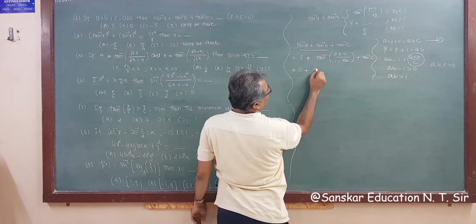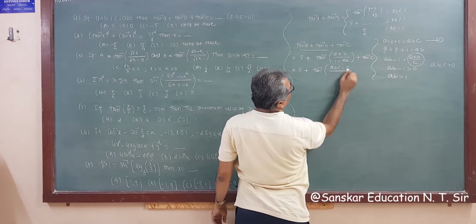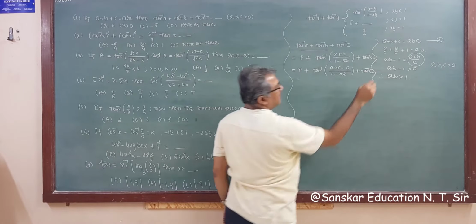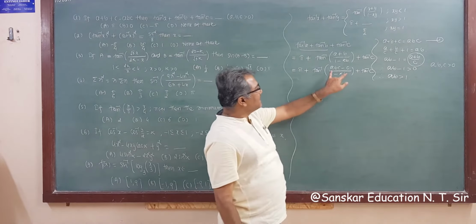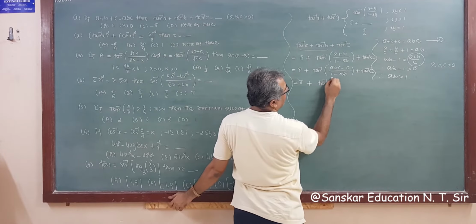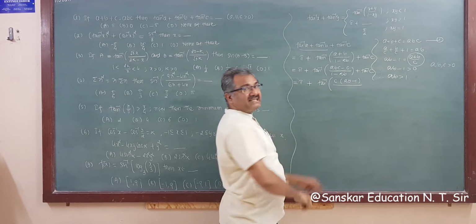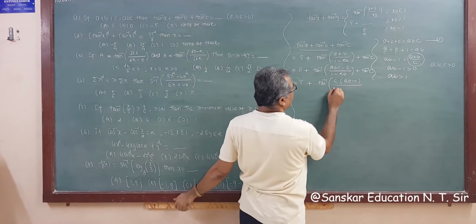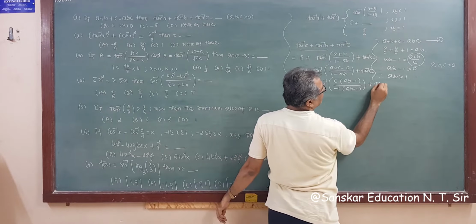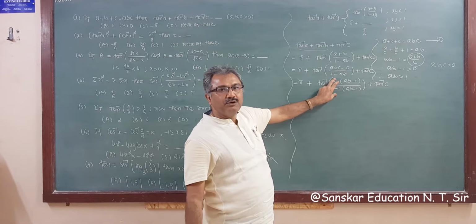So pi plus tan inverse of (abc minus c) upon (1 minus ab), plus tan inverse c. Now taking c common from here, we get pi plus tan inverse of c times (ab minus 1) upon (1 minus ab), plus tan inverse c as it is. Taking minus common, this will be cut, and this is minus c.